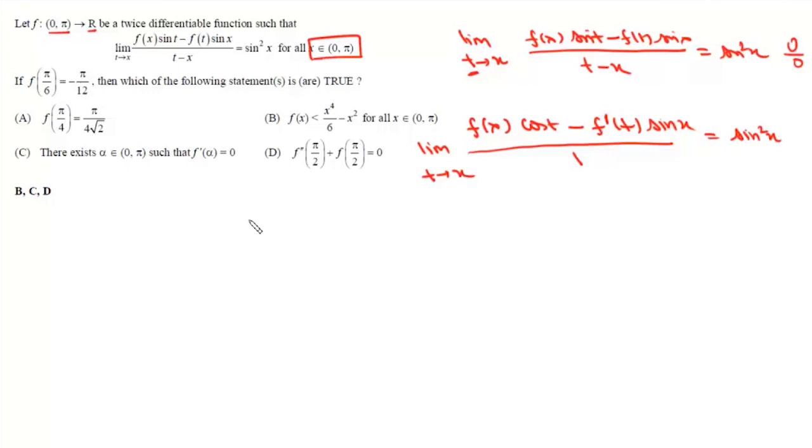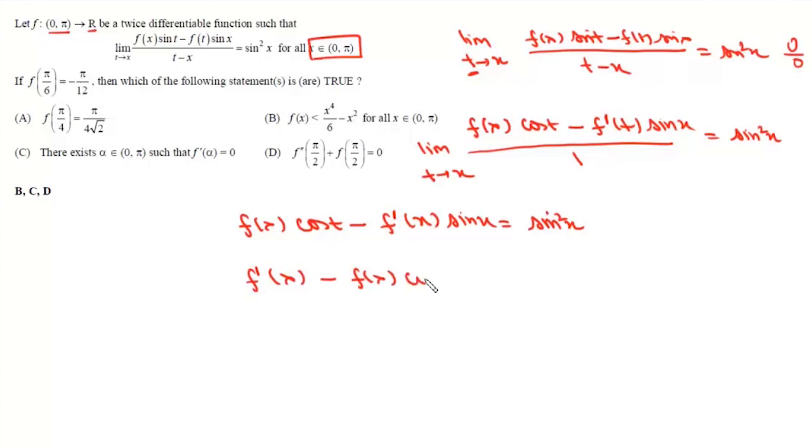Now we can write this as f(x) cos x minus f dash x sin x, and it will be equal to sin square x. Now we can write this as f dash x minus f(x) cot x equal to minus sin x, which is a linear differential equation in y.